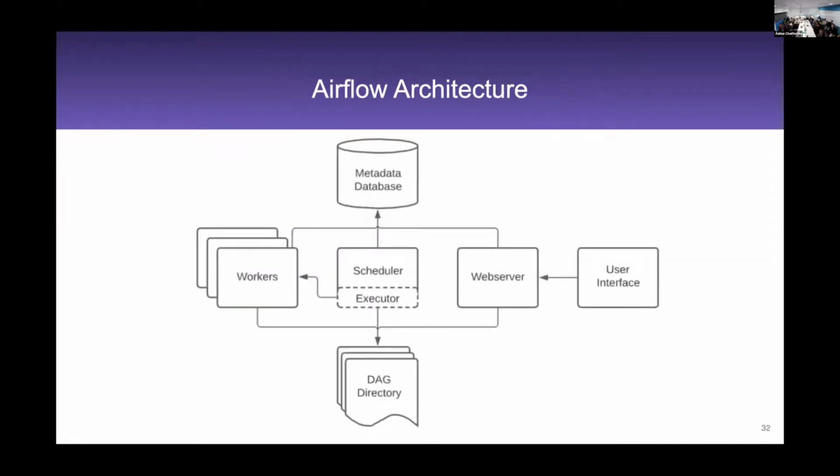Okay, so now let's look at the architecture diagram which we looked at at the start of this talk. Now this makes sense. We now know the executor is inside the scheduler, and how it picks the task and passes it to the worker nodes.